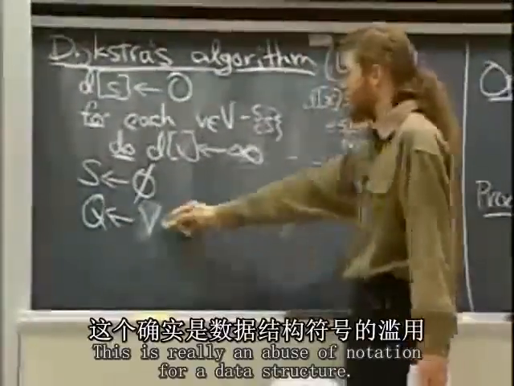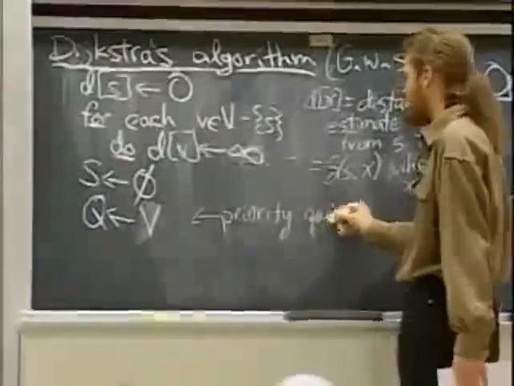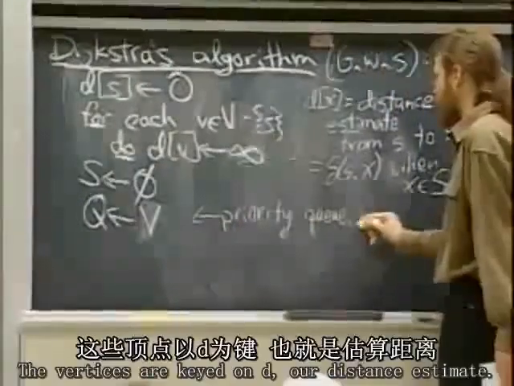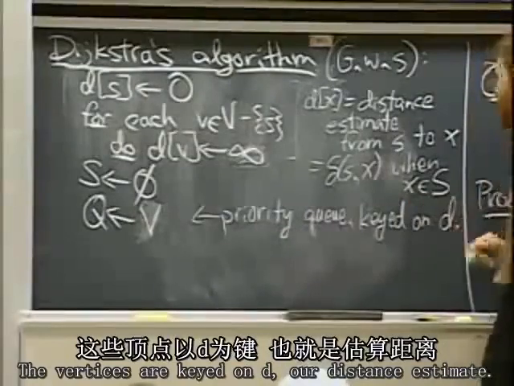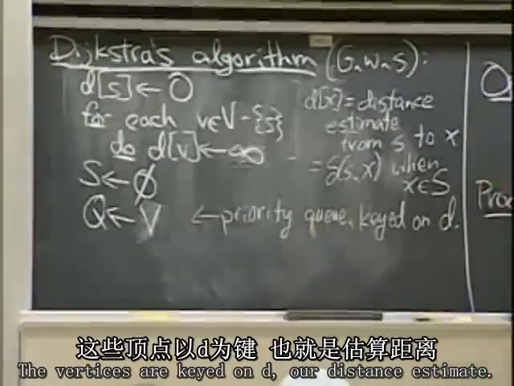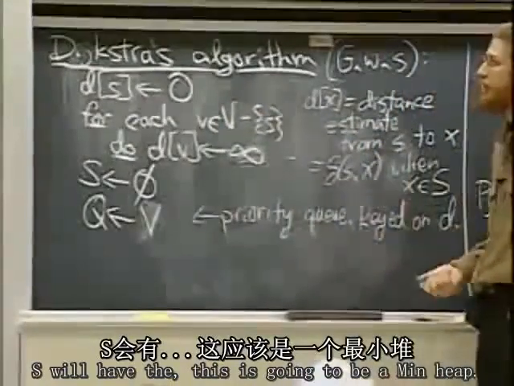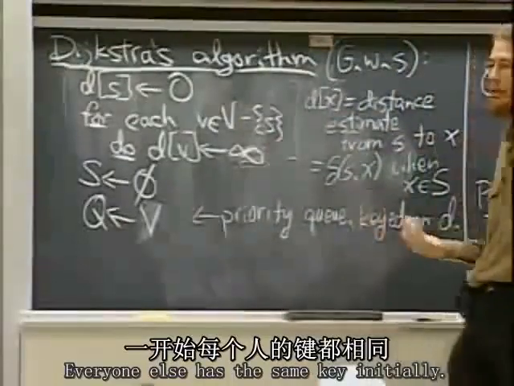This is really an abusive notation for a data structure. So this could be a heap or whatever. The vertices are keyed on d, our distance estimate. So in particular, this is going to be a min heap. S will be the guy who has the minimum. Everyone else has the same key initially.